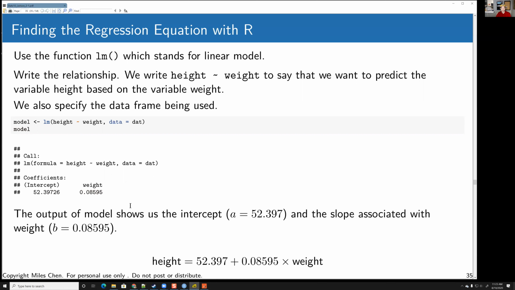So when we put them together, our predicted height is equal to the intercept plus the slope times our x variable, weight.